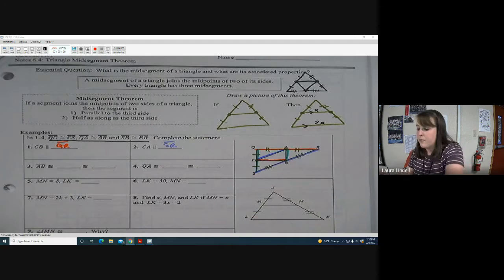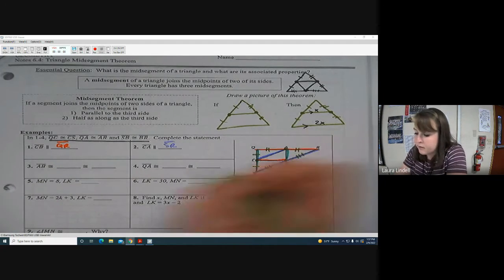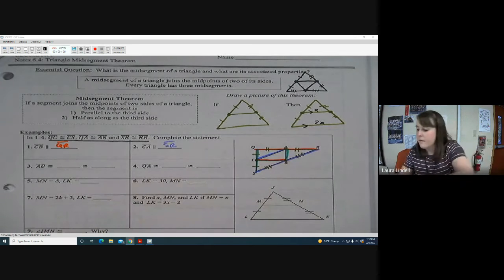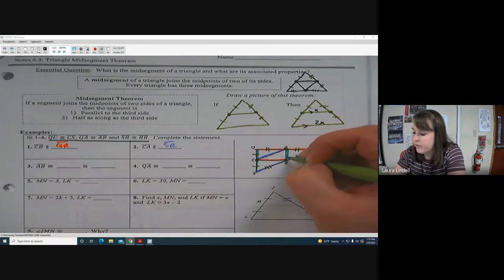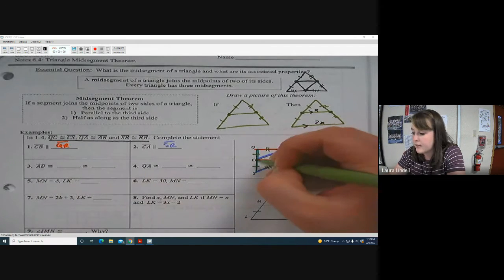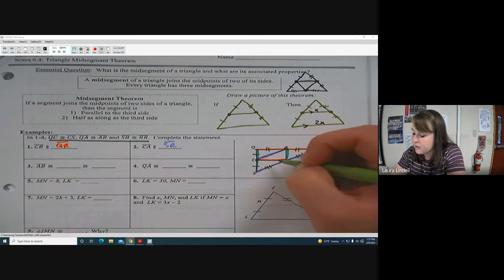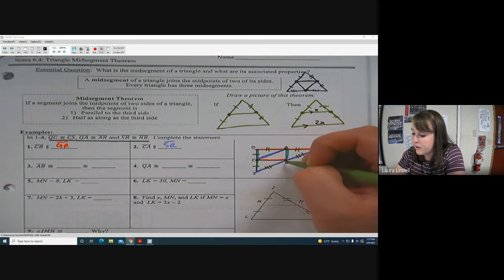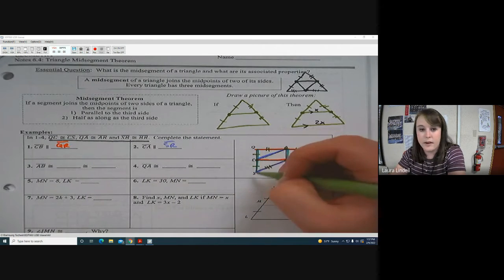Another type of thing we could be asked is AB is congruent to what? There's two segments on here that AB is congruent to. So if you look at AB, that's the midsegment that's involved with this side QS. And C is the midpoint of QS. So that means that QC and CS are the same length and that AB is half the length of this whole thing.